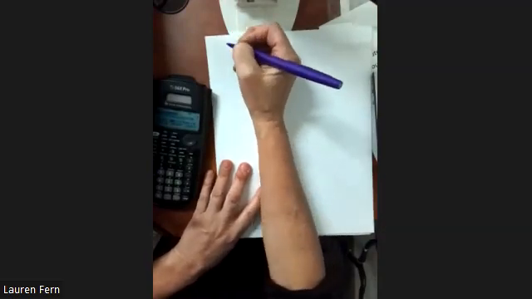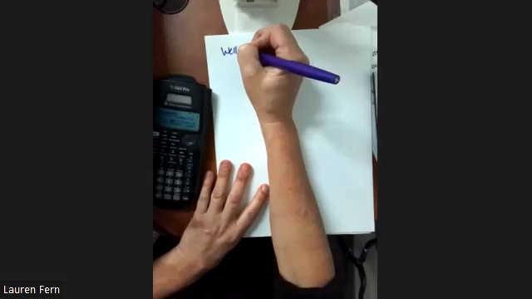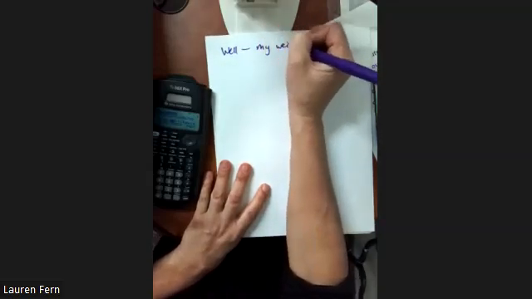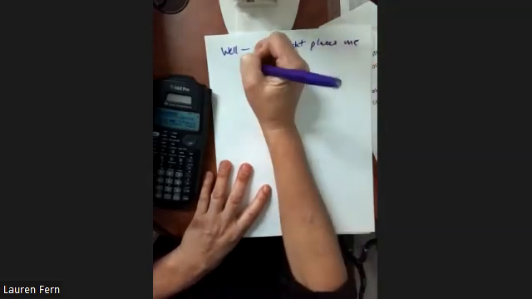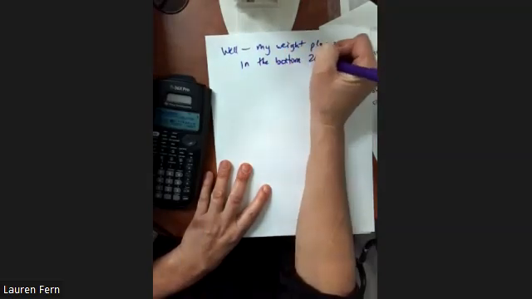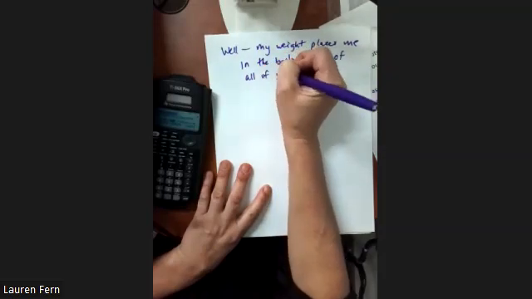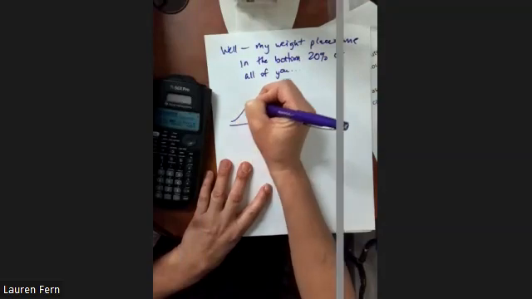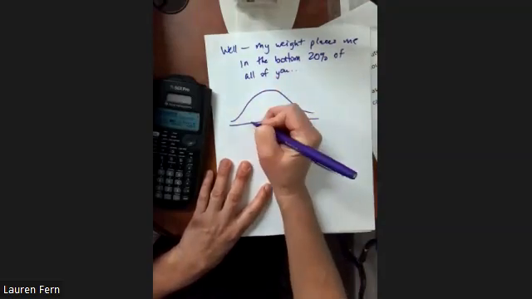So what if one chicken says, well, my weight places me in the bottom 20% of all of you? Well, here's 1850.